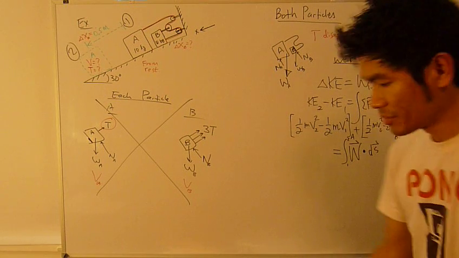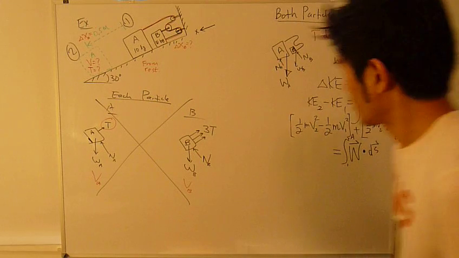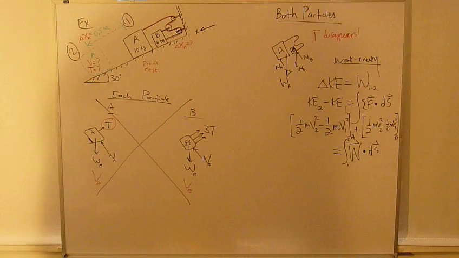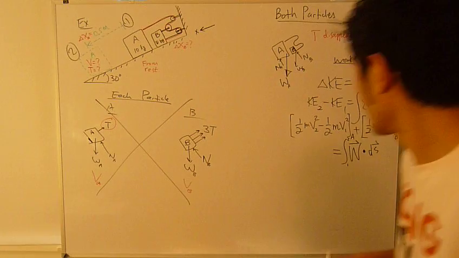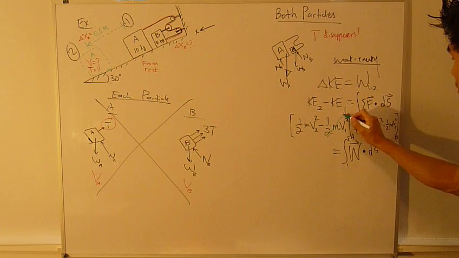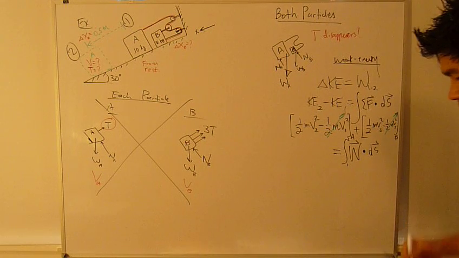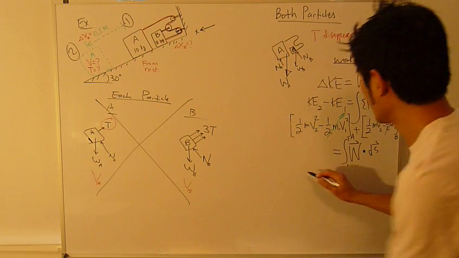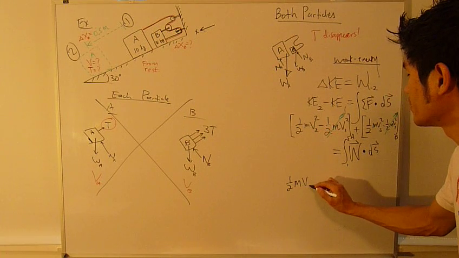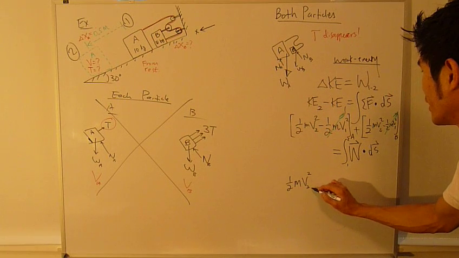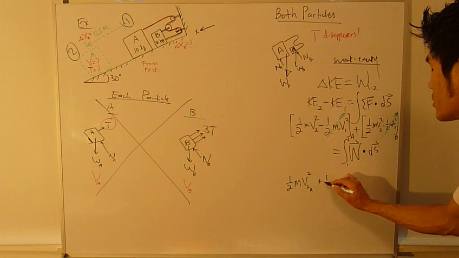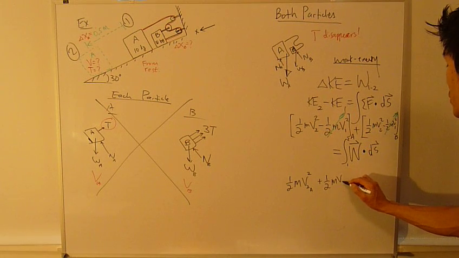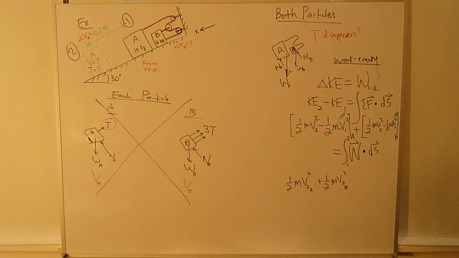Let's simplify the terms here. Kinetic energy initially is at rest, so this is 0, this is 0. So it's nice. What's left is 1/2 mv2 squared for A, plus 1/2 mv2 squared of B, equals the sum of weight dot ds.